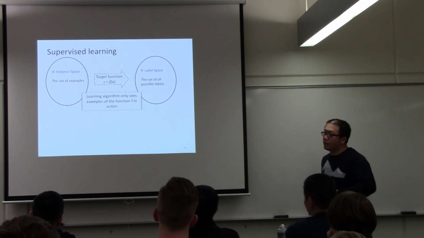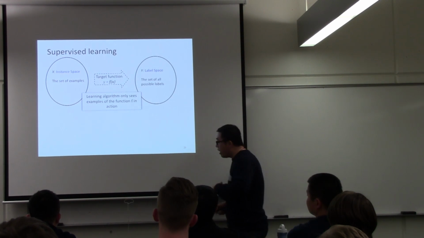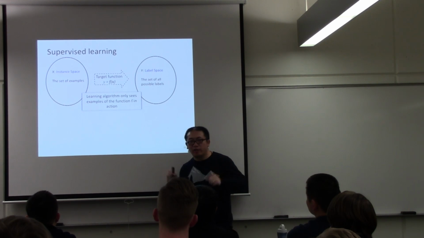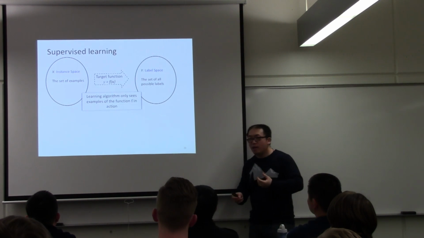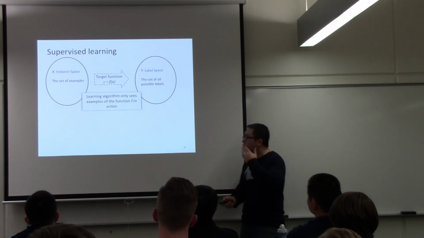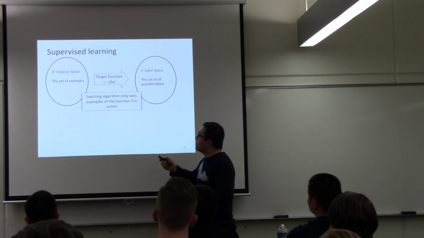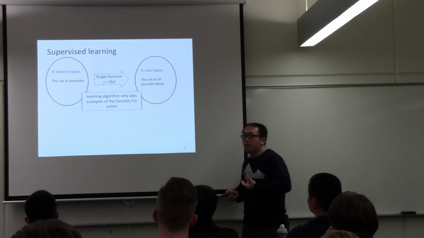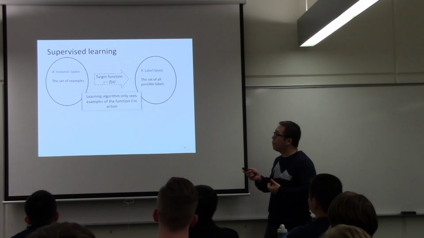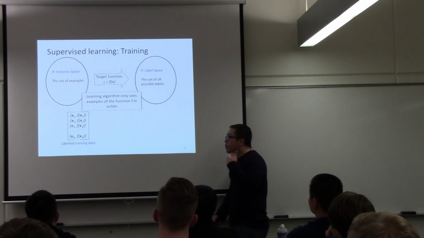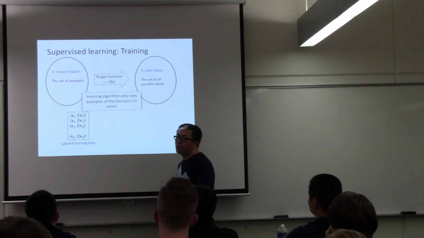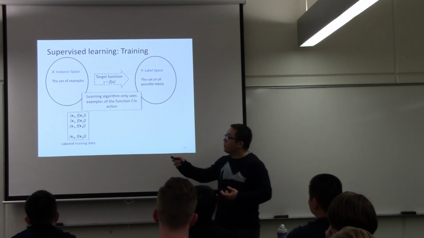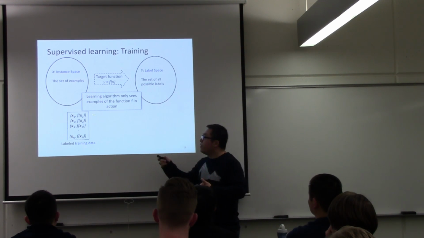And in supervised learning, we make extra restrictions on how we are going to run our learning algorithm. Specifically, the learning algorithm is allowed to see a set of instances and their function values. More specifically, we prepare a set of training data, which consists of a set of instances and their function values.